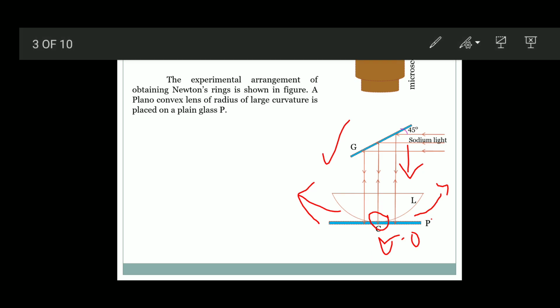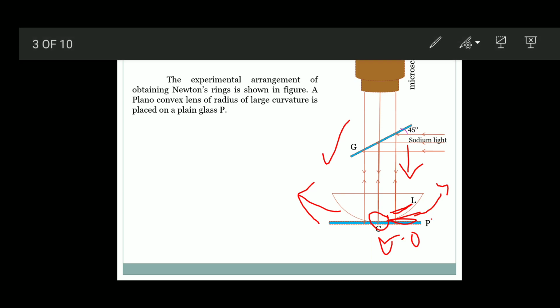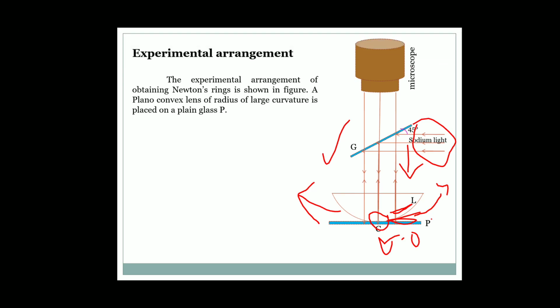These rays are reflected at the bottom of the curved surface and the top of the plane glass plate and sent back. These rays come from the same source, that is the same sodium light, and travel different distances and form interference.